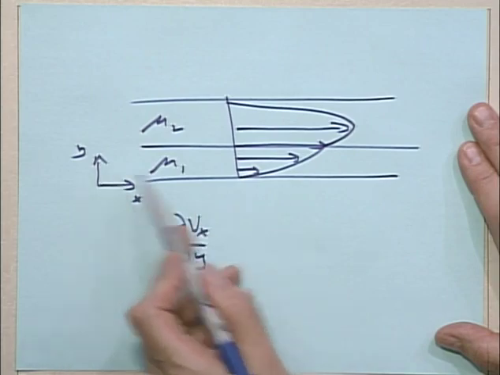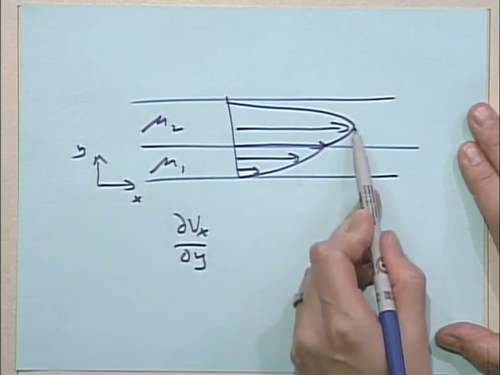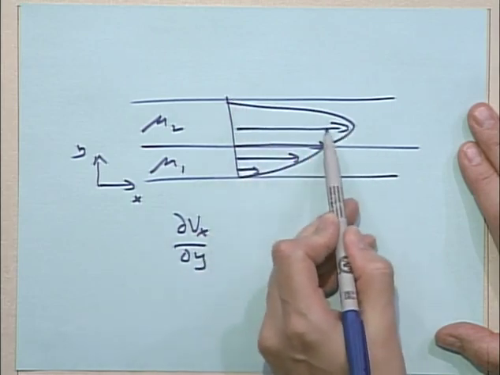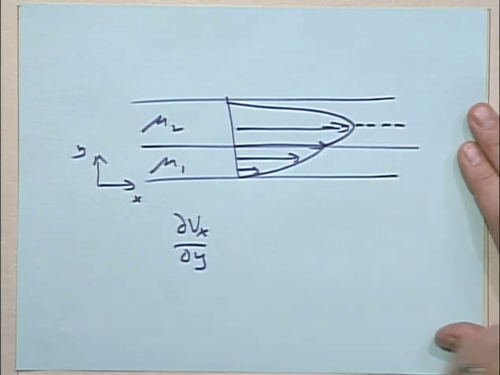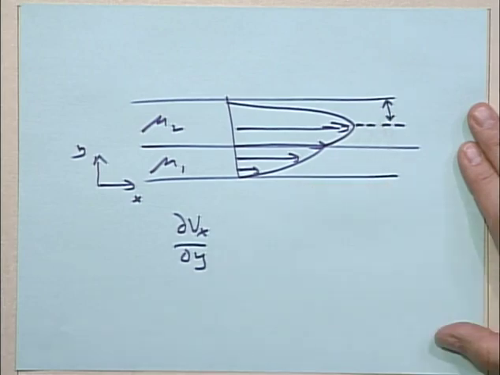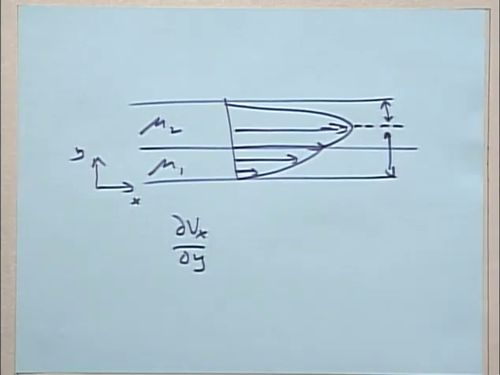As I increase y, the velocity is increasing, increasing, and then decreasing, decreasing. So I have to divide the flow up at this location and say, in this regime, it's negative, so the gamma dot value has to be the negative of the derivative, and in this regime it's positive, and you have to split the problem into two.